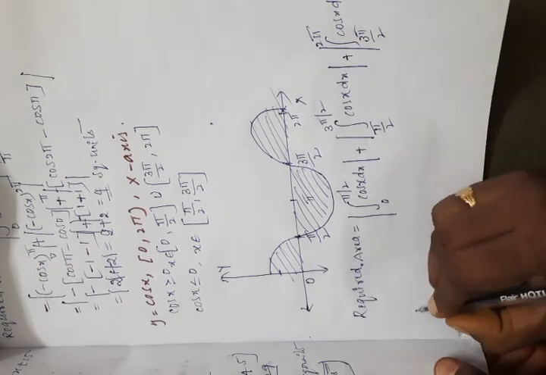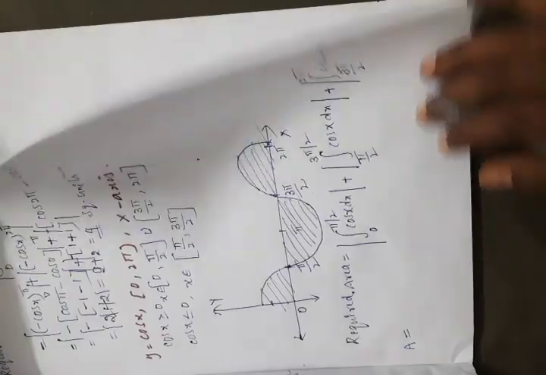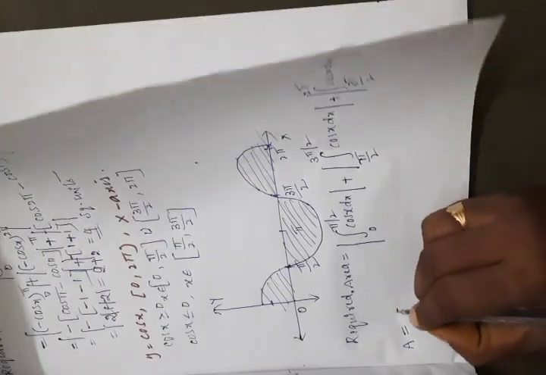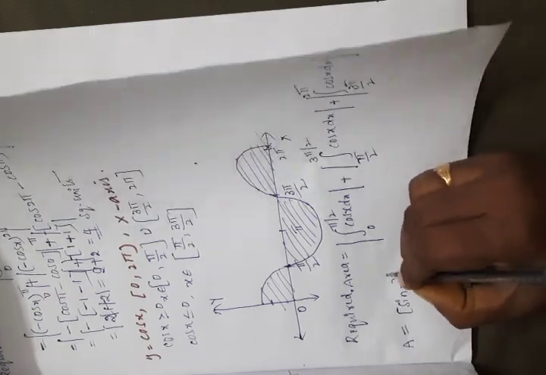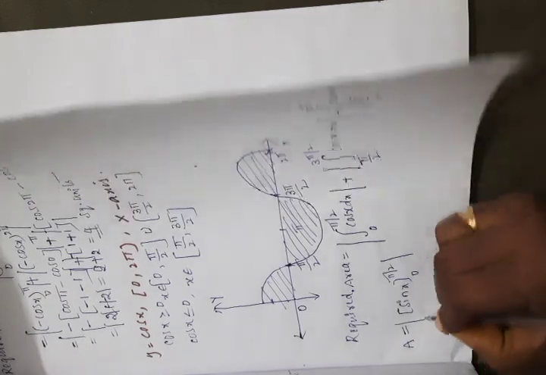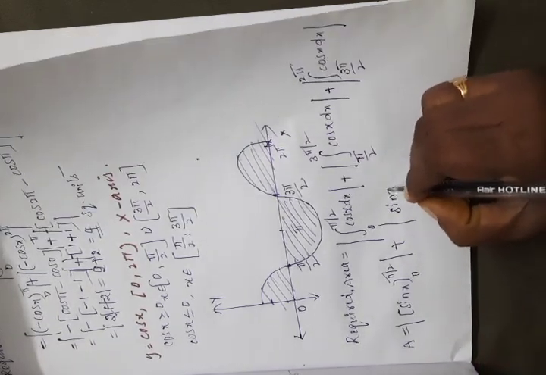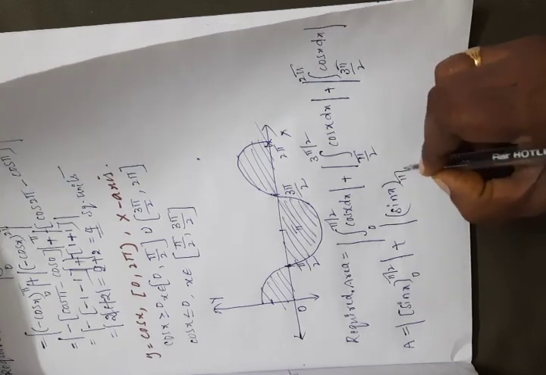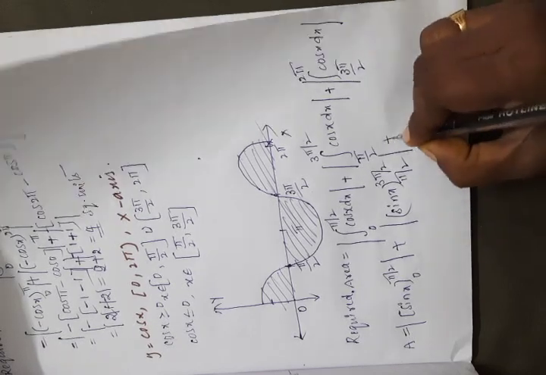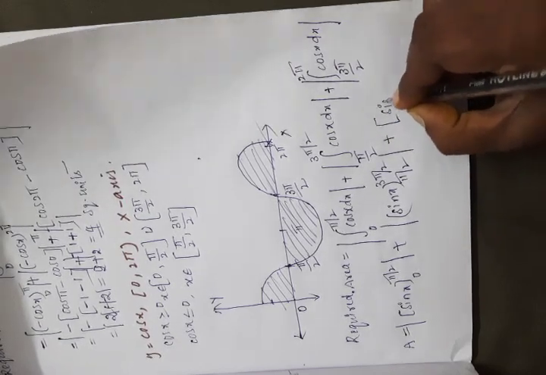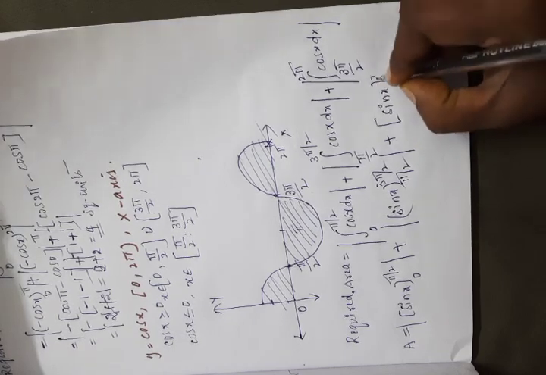So here you have to integrate now. Integration of cos x is sin x. So mod of sin x between the limits 0 to pi by 2, plus mod of sin x between the limits pi by 2 to 3 pi by 2, plus mod of sin x between the limits 3 pi by 2 to 2 pi.